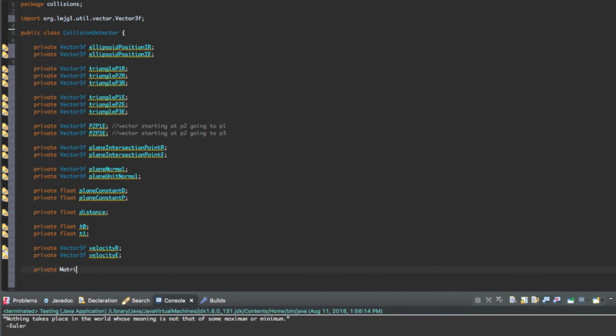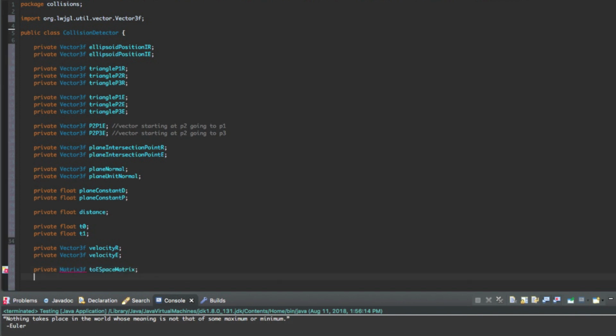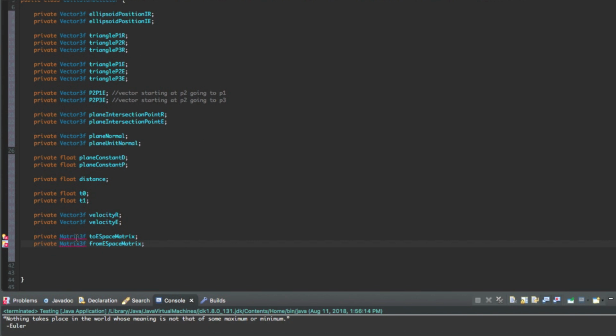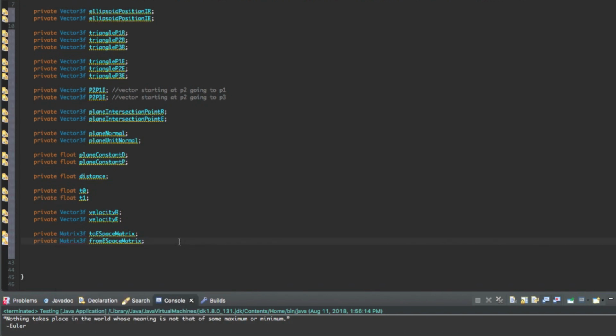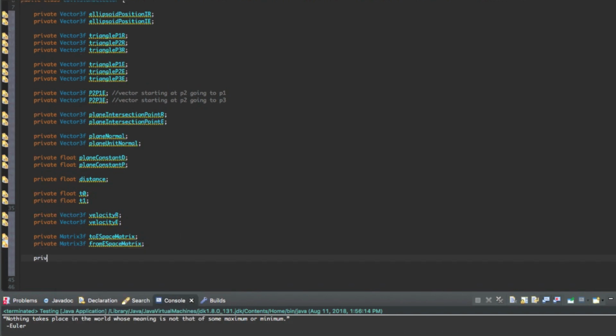Next, we will need a Matrix3f, and this will be our transformation matrix, and it will take things from real space to E space. And we'll also have another one of those transformation matrices that will take our vectors from E space to R space, or real space, R3.